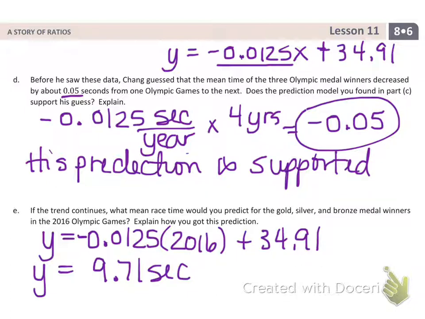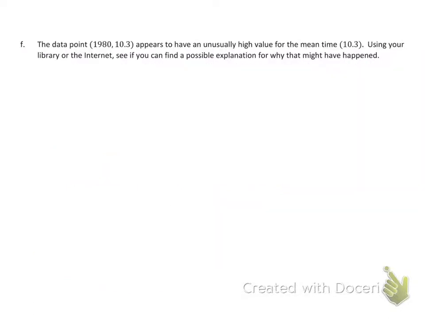Okay, and hopefully you're thinking about why the mean times are decreasing. If you know much about racing, we're getting better equipment, we have better shoes, we have better training, and our athletes just keep getting faster and faster. So that's what's happening.